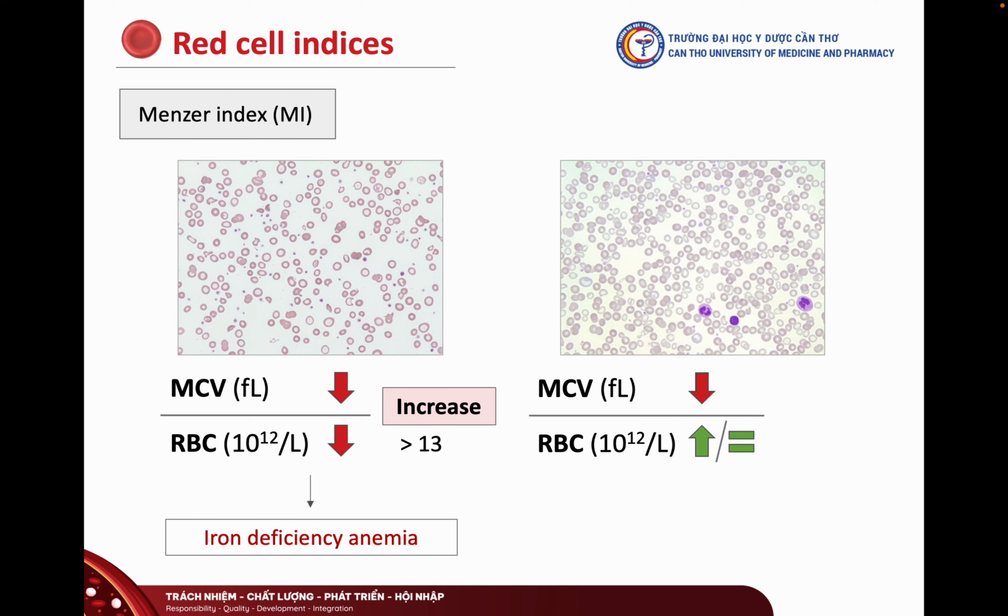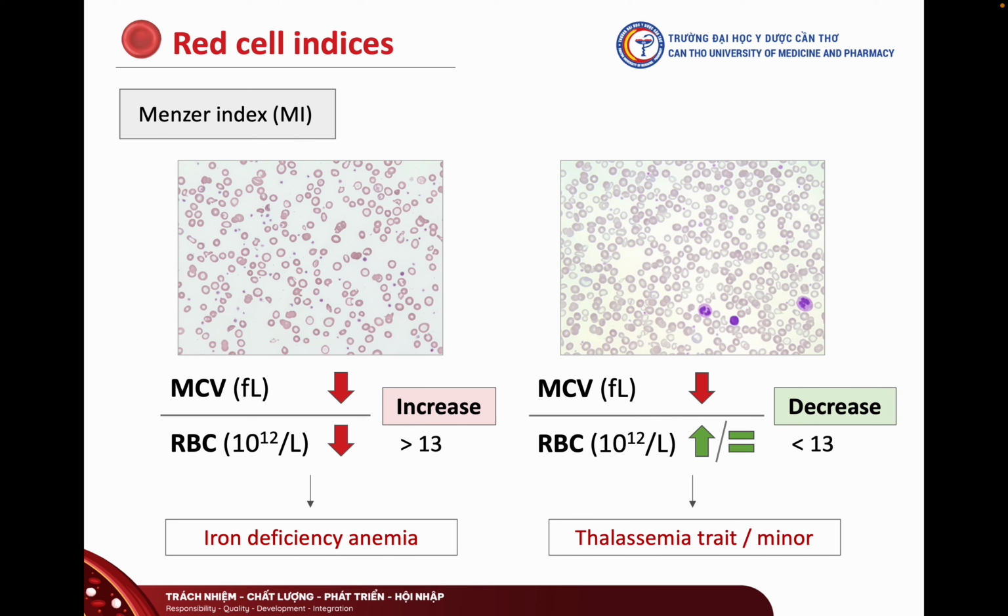And in the right smear, the MCV is decreased while the RBC is normal or increased. So our Mentzer index is lower than 13, and it will suggest thalassemia trait or minor. So one more method that we use to differentiate mild microcytic anemia is the Mentzer index. Remember that.